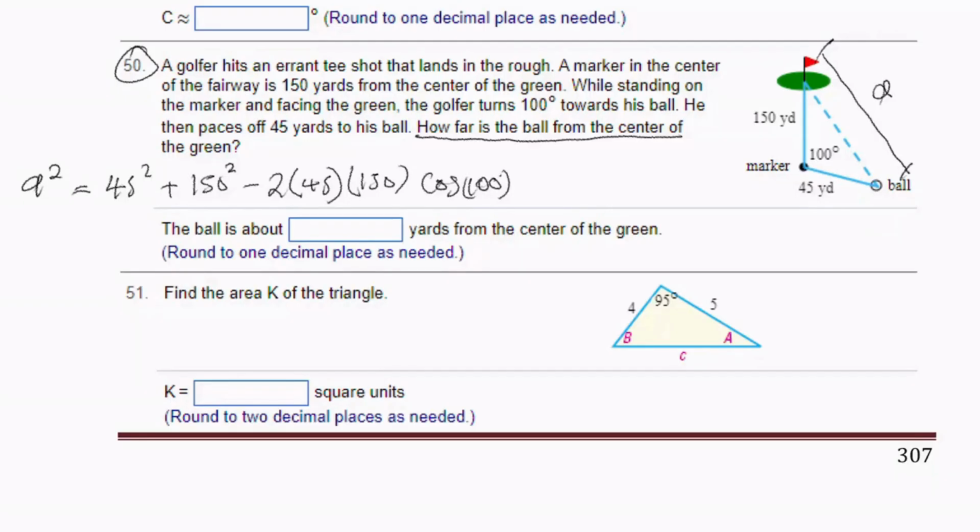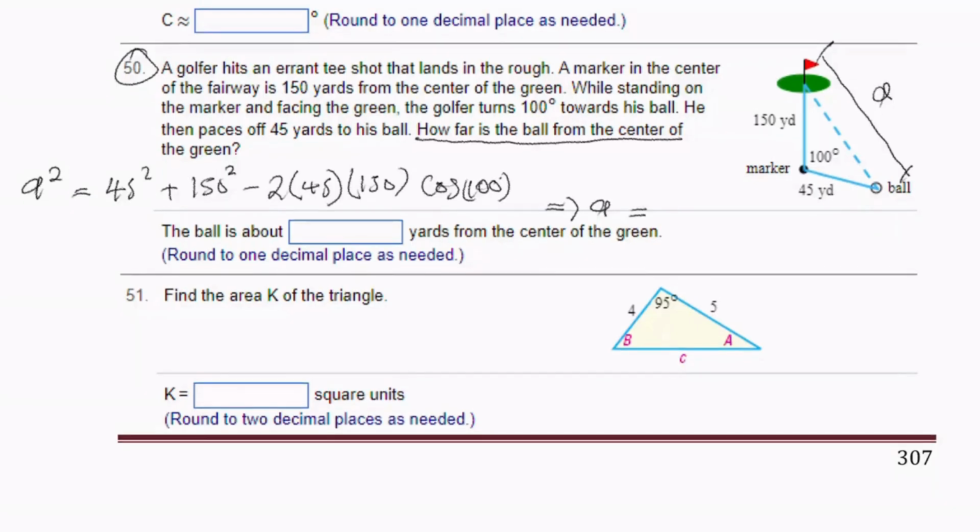So this implies A is the square root of this whole thing. Let me write it down here. I want to create space. A is the square root of this long thing.